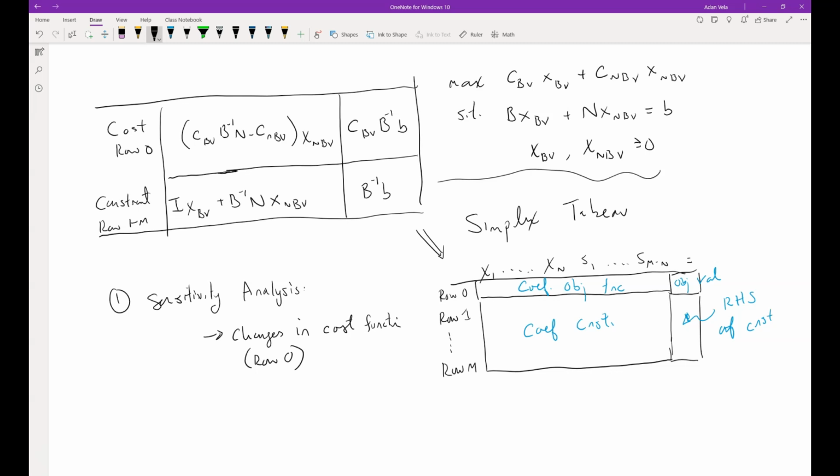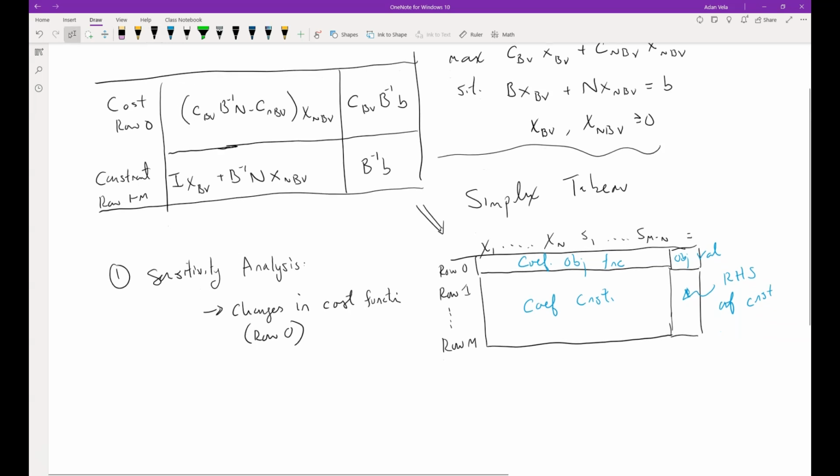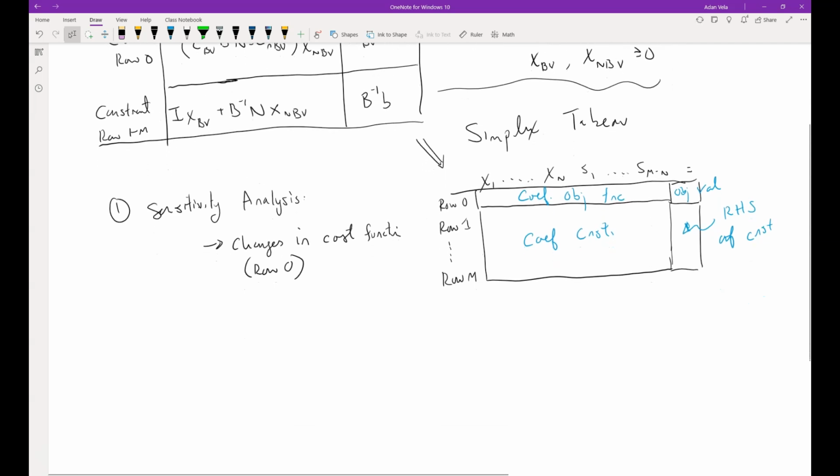We know that if we have negative values, then our selected basis variables are no longer optimal. So when are our basis values no longer optimal? Whenever row 0 has negative values in it. So that's one place where we can perform a sensitivity analysis.